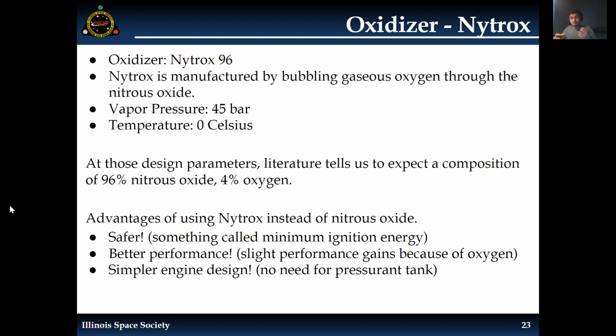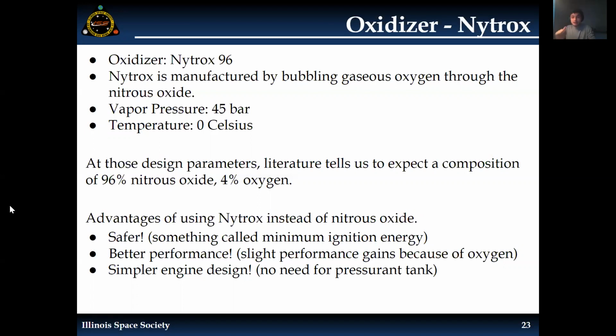So instead of it reacting with paraffin wax, it can just react with itself. And we don't want that, because what we're trying to do is take the stored energy between those two substances and create heat when we want it. But if we let it react with itself, it's just going to decompose inside the oxidizer tank and essentially explode. We don't want that. So we use nitrox because, through some cool stuff, the minimum ignition energy of that nitrox increases. And that's great for us because stuff becomes safer.